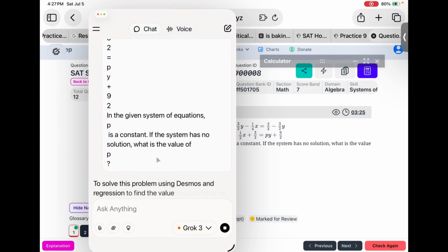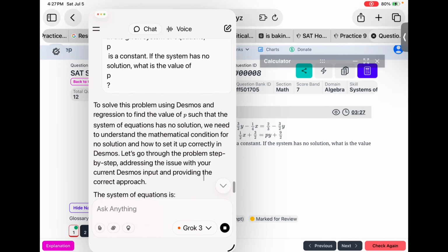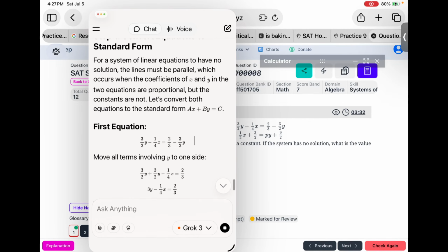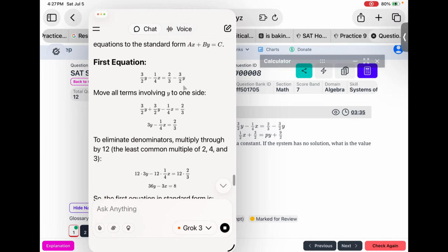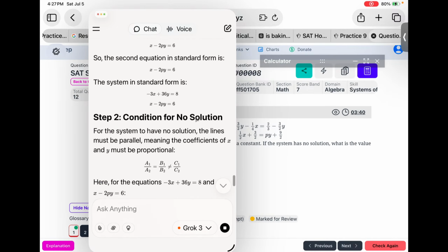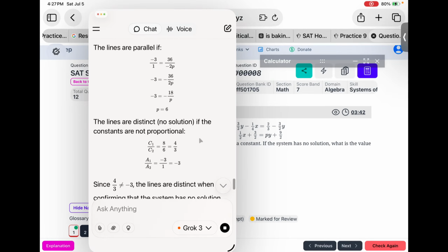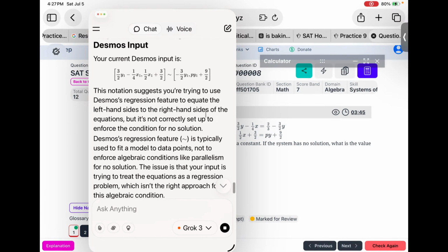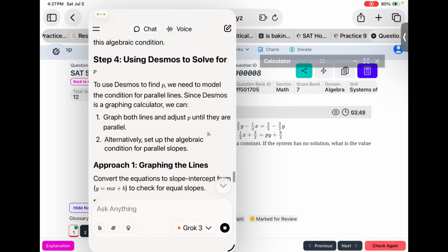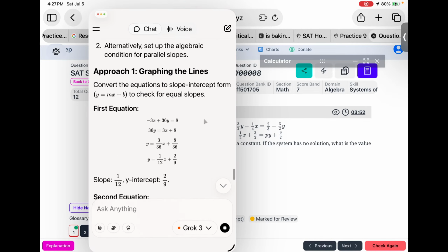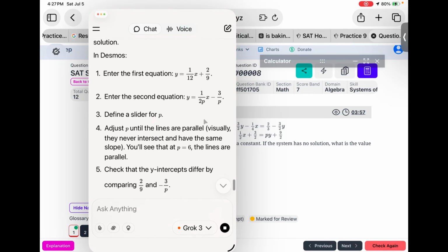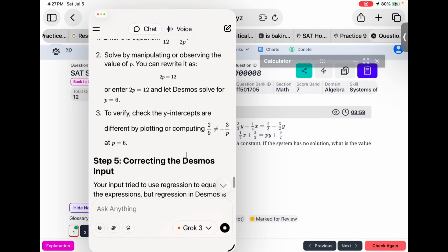So let's see if, so I got the system. I don't want to do all this though. But oh yeah, I just use a slider, I guess.